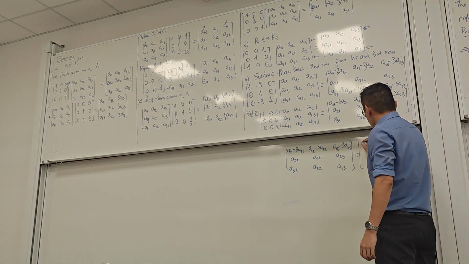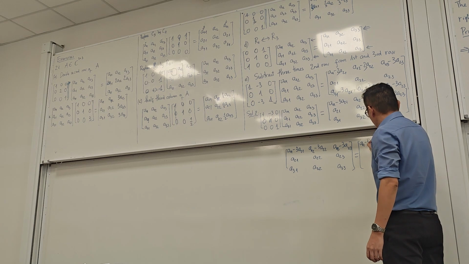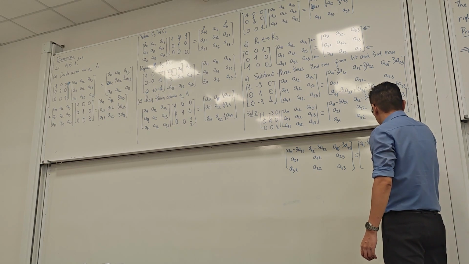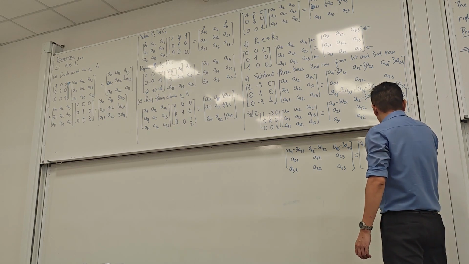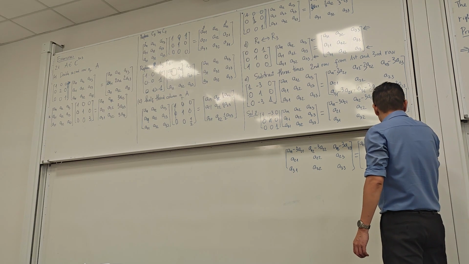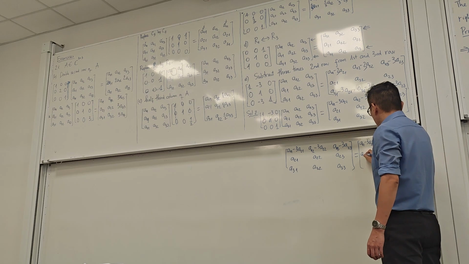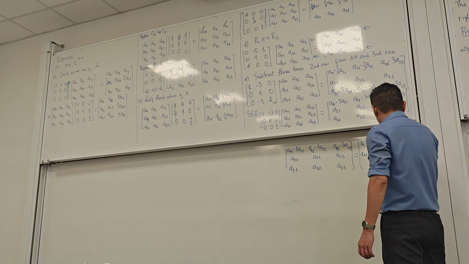This is A11 minus 3 times A21, A12 minus 3 times A22, A13 minus 3 times A23. Now the second row I keep the same: A21, A22, A23.